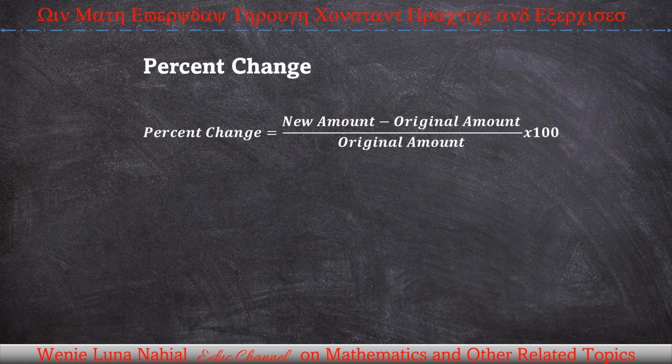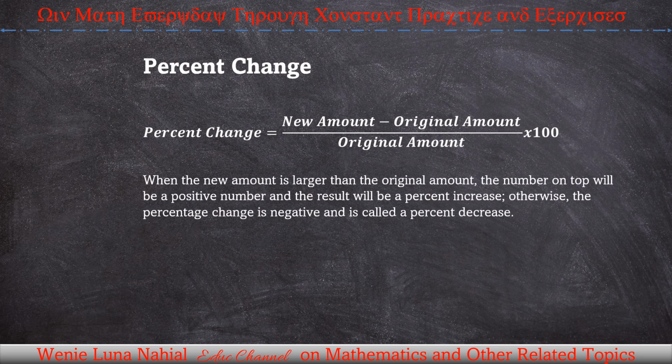Percent change. Percent change is equal to new amount minus original amount all over original amount times 100. When the new amount is larger than the original amount, the number on top will be a positive number and the result will be a percent increase.